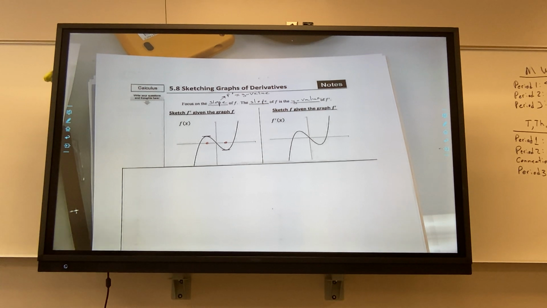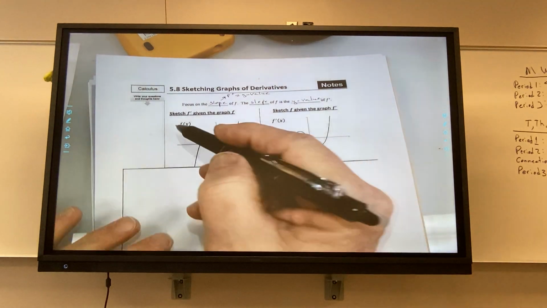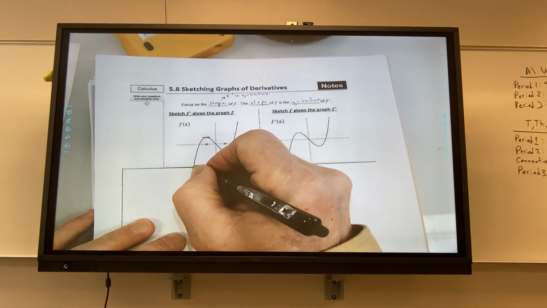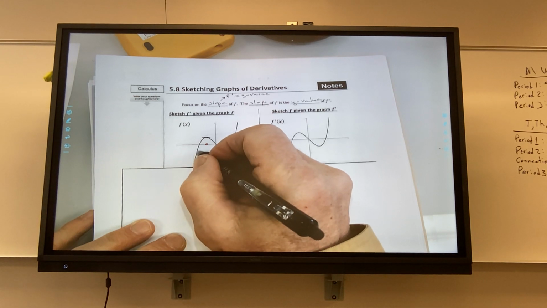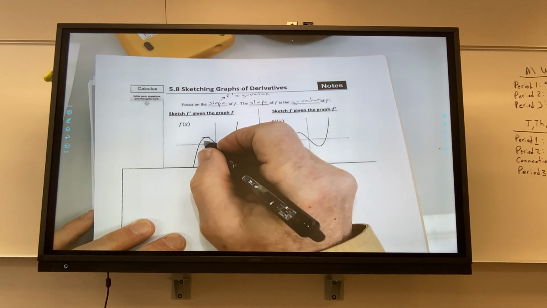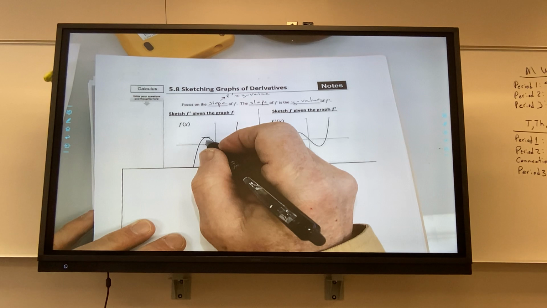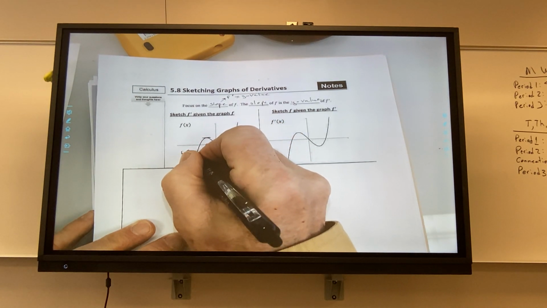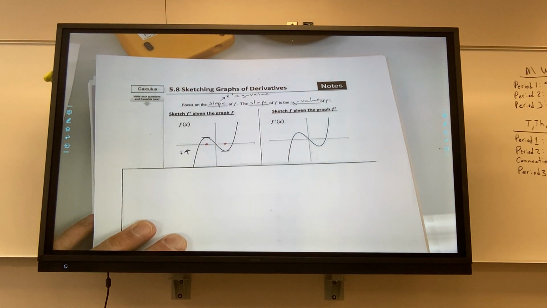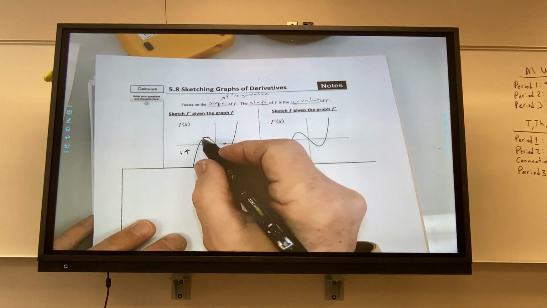All right, now, from this interval right here, f of x is increasing. Correct? What does that derivative mean up to this point?